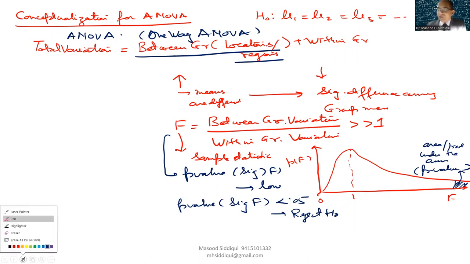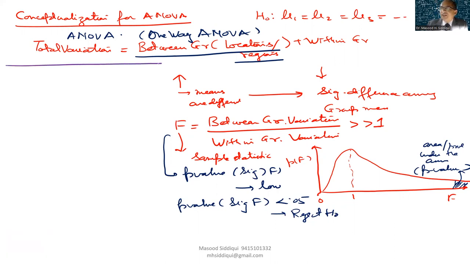Now when we perform this test, as you know, the formula for the variation is 1 upon n minus 1 sigma xi minus x bar whole square, right?